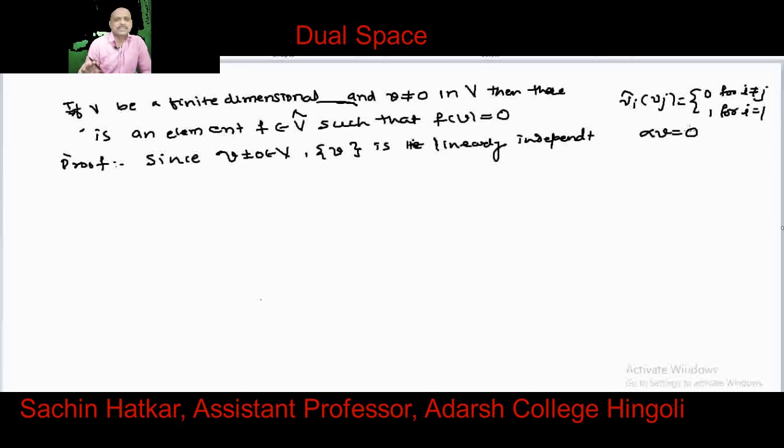Here it is given v is not equal to 0, so what remains is alpha equals 0. If all scalars equal 0 in a linear combination equal to 0, this shows that the vector is linearly independent. Hence a set consisting of a single nonzero element is always linearly independent.